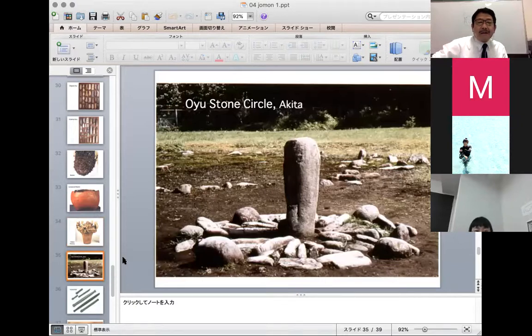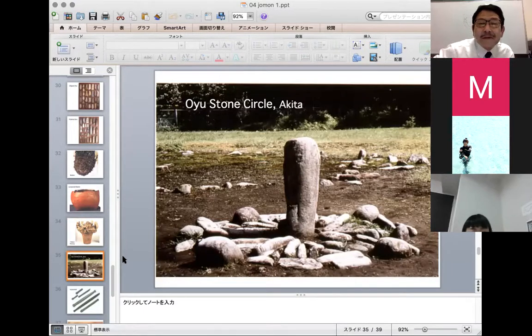And there are many monumental features like this in Akita Prefecture in Tohoku, the northern area. This is the Oyu stone circle. There's a big stone circle aligned around this area, and this is only a part of it. One stone is erected.